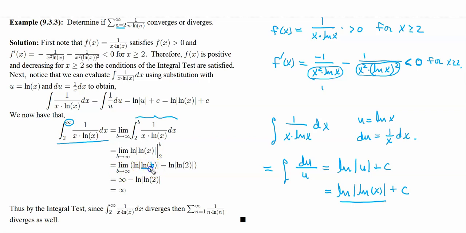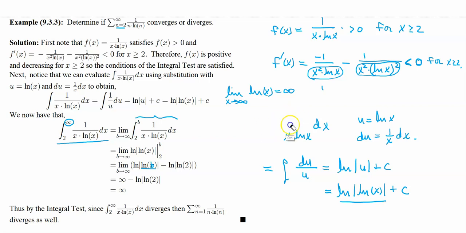So what's inside here goes to infinity, and then the ln of that quantity is also going to be infinity, because the limit as x approaches infinity of the ln of x is infinity, right? If you look at its graph, it goes to infinity.